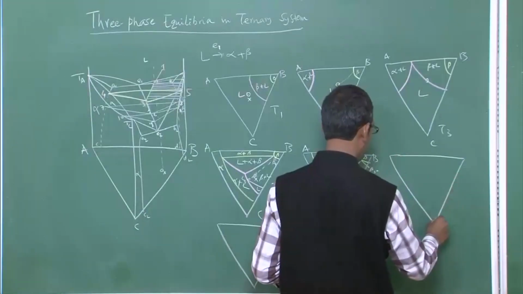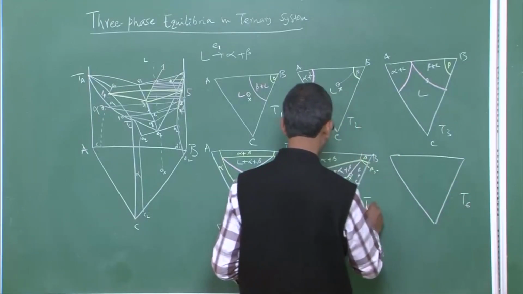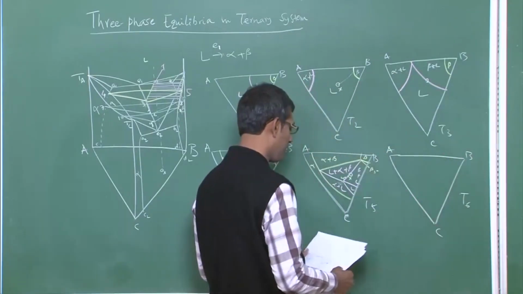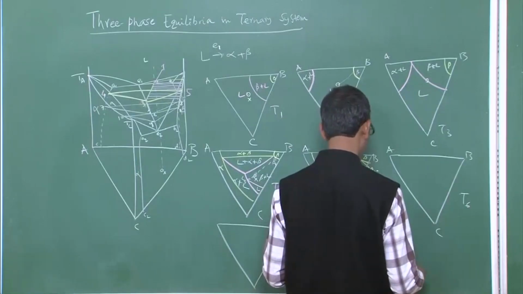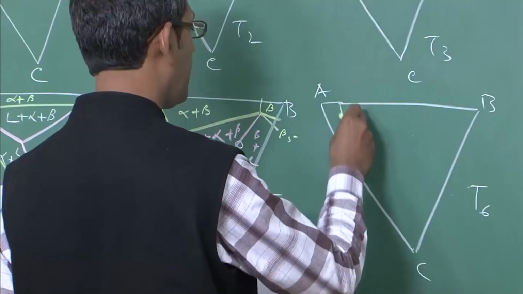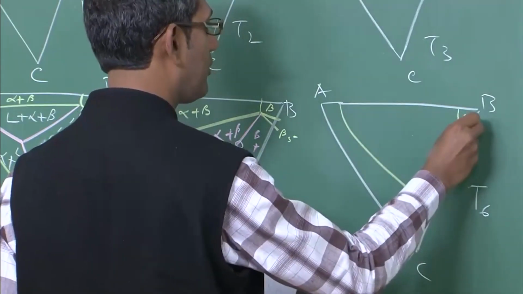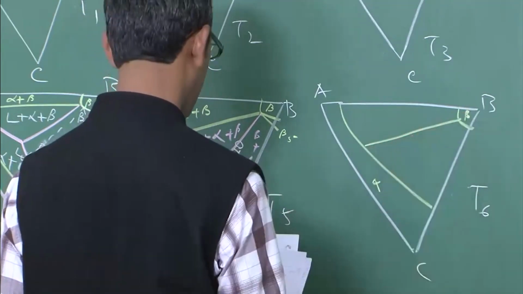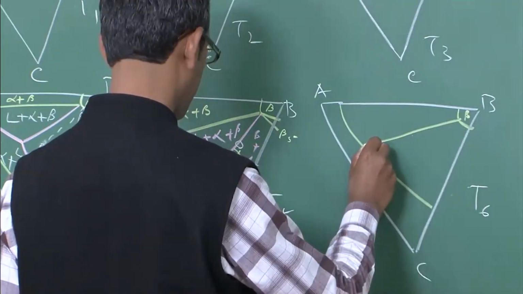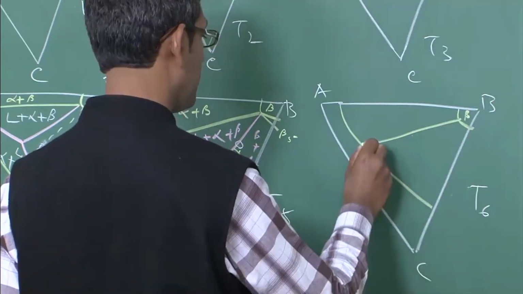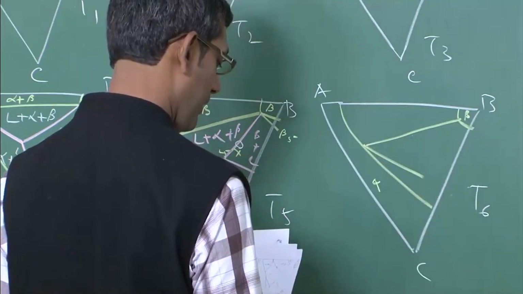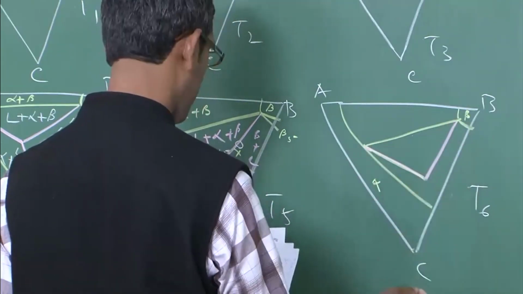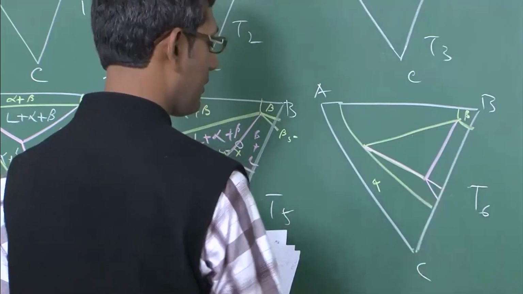Now, at temperature T6, this is T5, things will change a little bit. So, obviously, you will have a larger alpha field, beta also, and liquid will be very less.